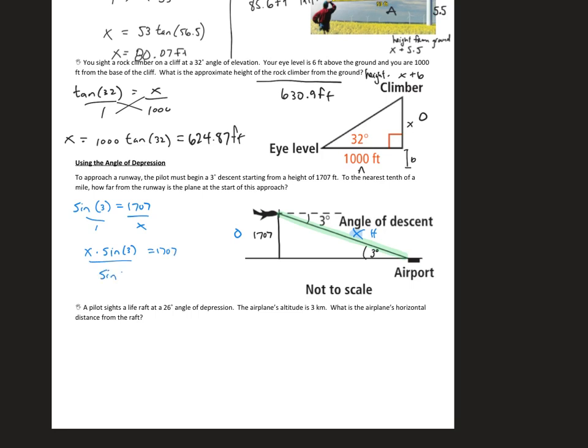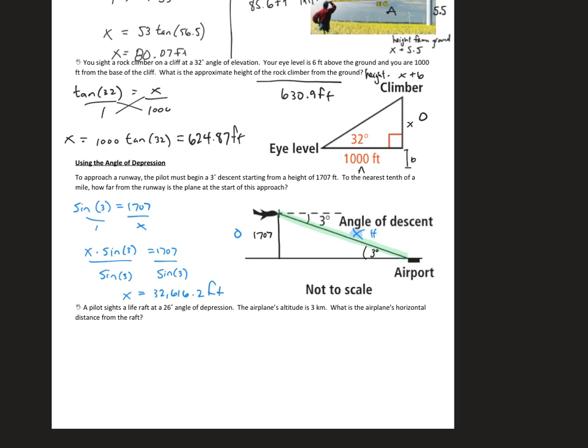I divide by the sine of 3. So 1,707 divided by the sine of 3. All right. So x is equal to 32,616.2, and that is in terms of feet.